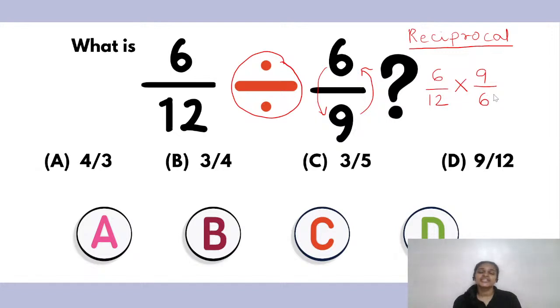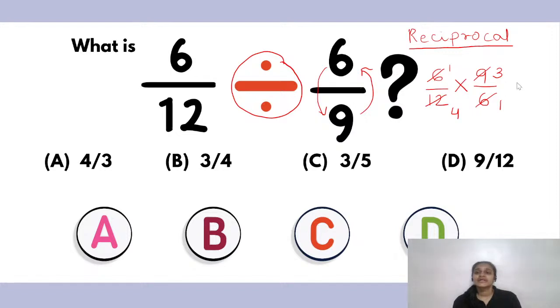Now since multiplication is there, it becomes easy. I can reduce them further. So I get 6 ones are 6, 6 ones are 6, and here 3 threes are 9 and 3 fours are 12.